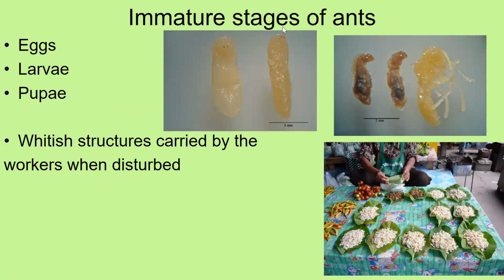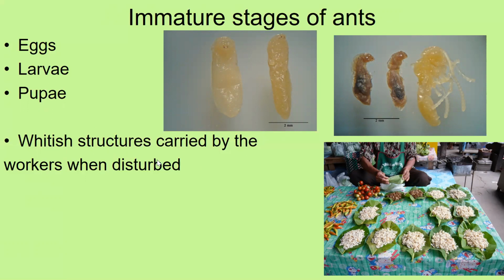Then what are the immature stages of ants? In the ant life cycle, they have eggs, larvae, and pupae. Eggs hatch, larvae are produced, and from the larvae, pupae develop. Usually with the naked eye, if you observe an ant colony after disturbing it, you will see they are carrying some whitish structures.